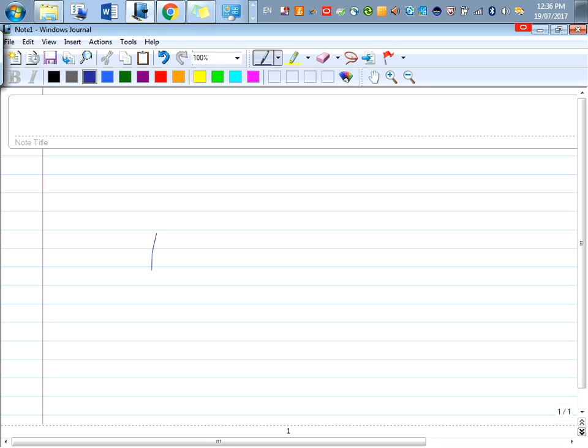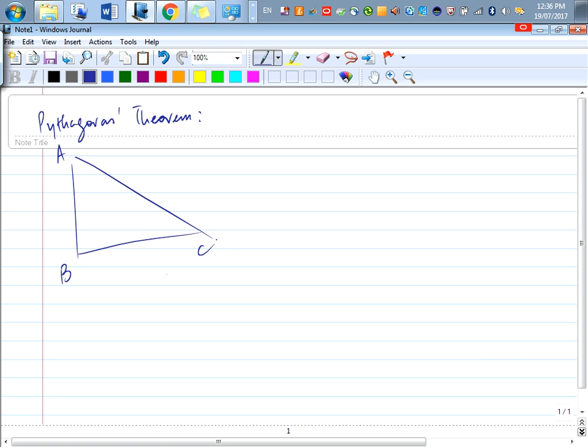Okay, Pythagoras theorem, you might want to copy this down because this is a popular question that will come out. For Pythagoras theorem, this is what we have. One right angle triangle, let's call it A, B, and C. So for us to use Pythagoras theorem, what is the condition that is required?